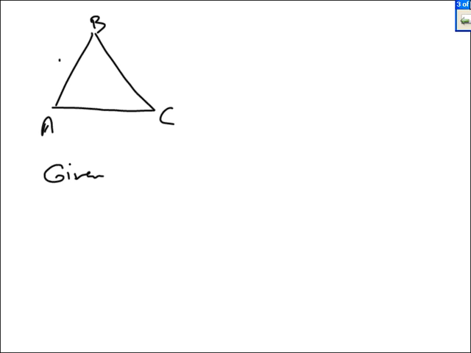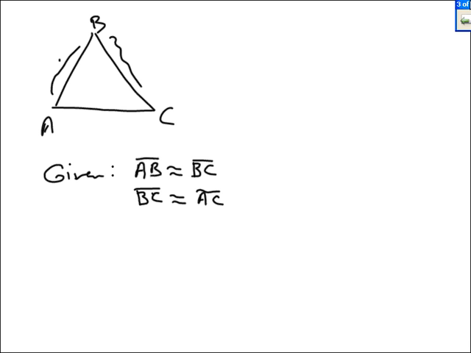You can even use the transitive law in a different way. I could have labeled the earlier triangle AB, the last triangle is A, B, and C. And here's the given. Line segment AB is congruent to line segment BC. That is, this length and that length, they're equal. In turn, line segment BC is congruent, say, to AC.